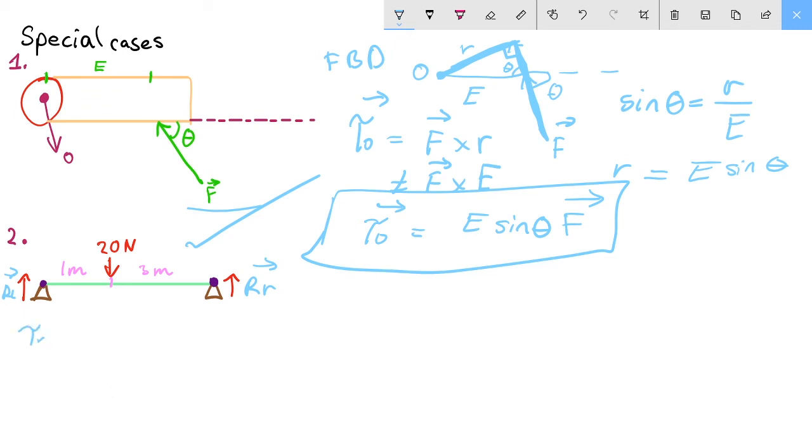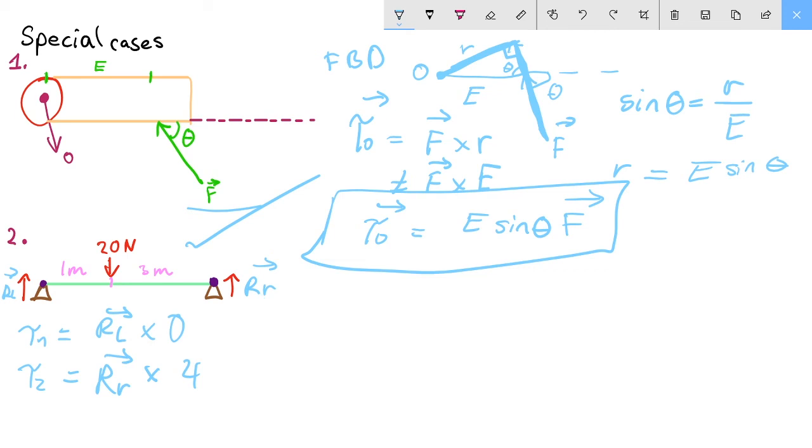So torque 1 would be RL times 0 meters, because it's acting at the point. Torque 2 will be RR times 4 meters, because 1 plus 3 is 4 meters, and it is acting anti-clockwise.